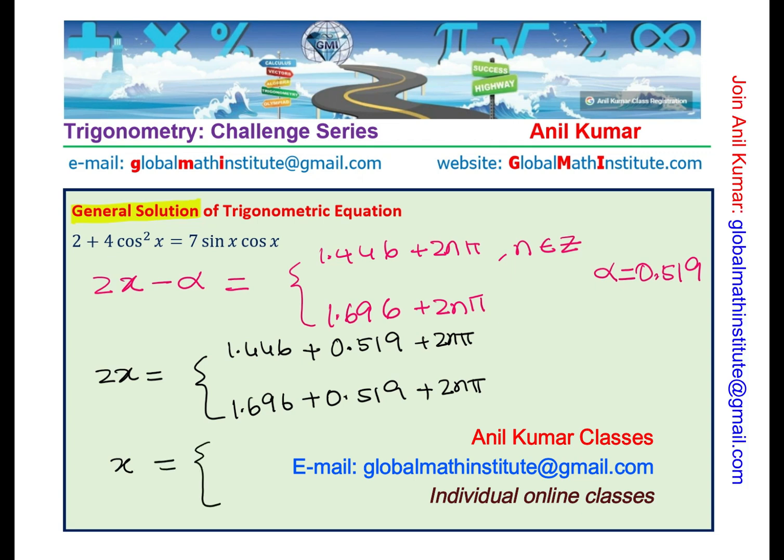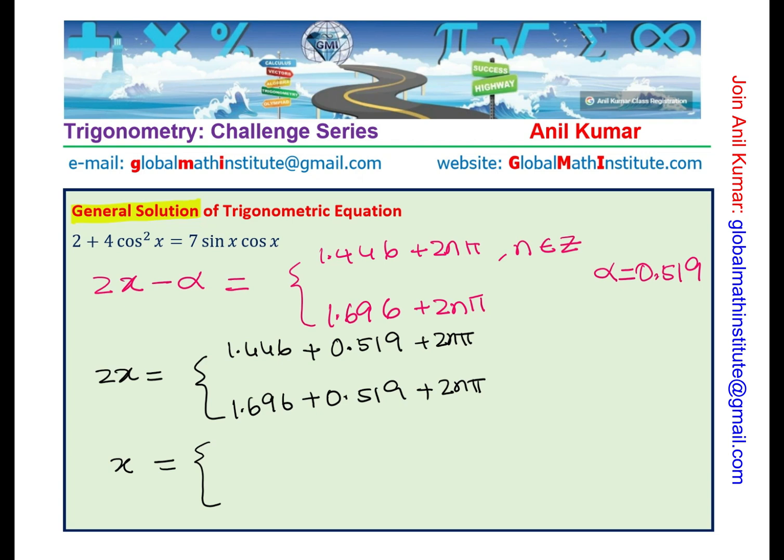So we'll add 1.446 plus 0.519, divide this by 2. And what we get is 0.982. We'll round it to 3, plus n pi.